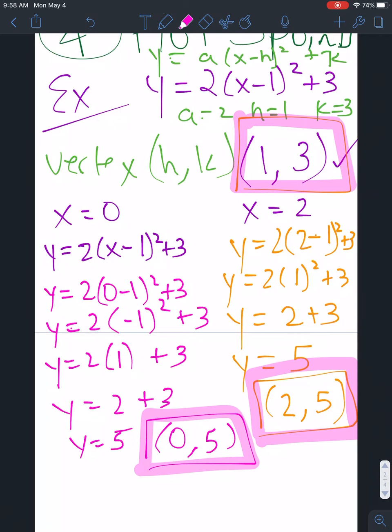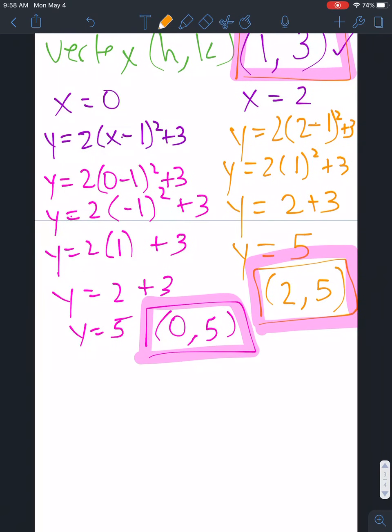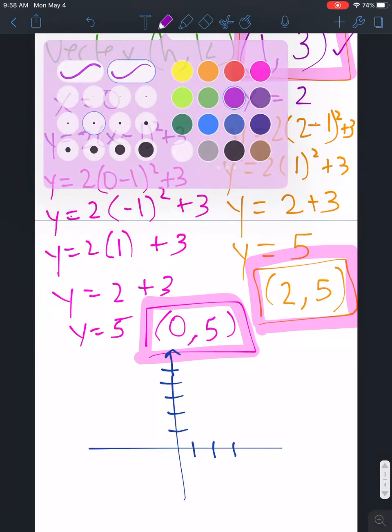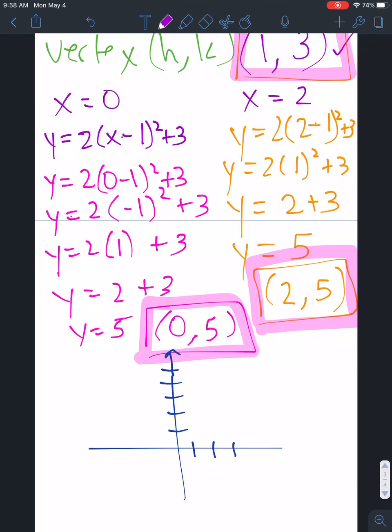Well, that's exactly true. So in our example, I'm going to start drawing it out. I have a vertex at 1, 3. So 1 to the right and up 3, you have my vertex there.